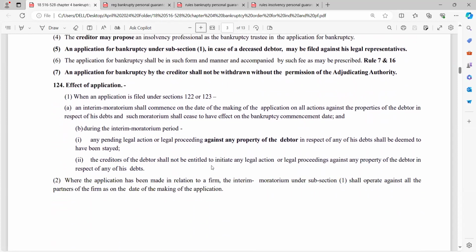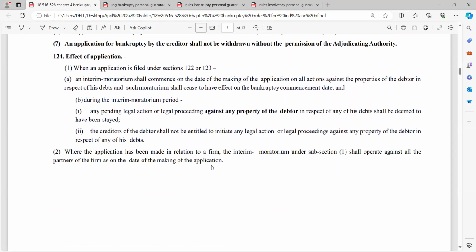Now effect of application. Where an application is filed under section 122 or 123, an interim moratorium shall commence. So it is same like case of fresh start or insolvency. Interim moratorium and then moratorium. During the moratorium, any pending legal action or legal proceeding against any property of the debtor in respect of his debts shall be deemed to have been stayed.